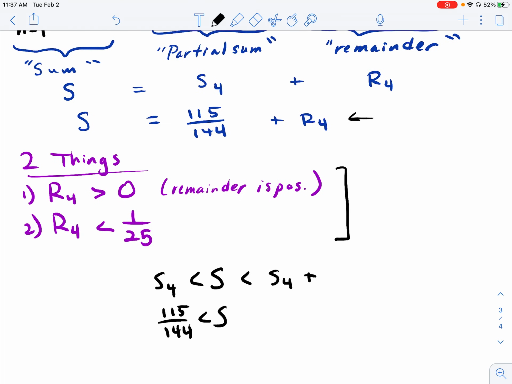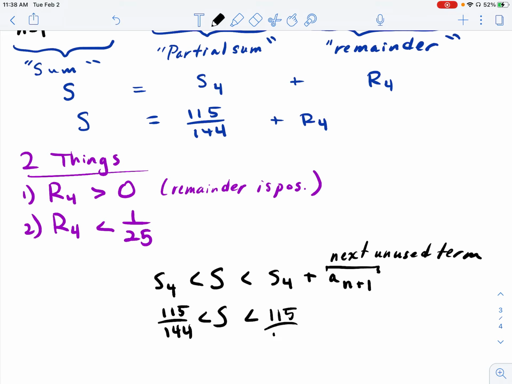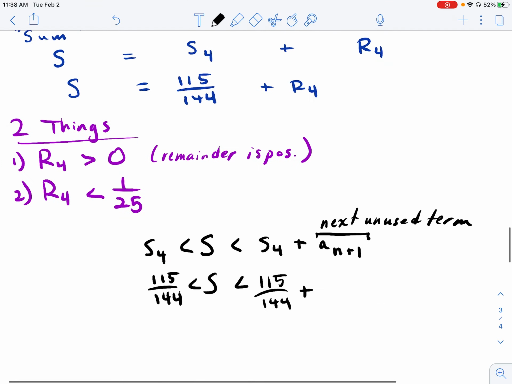It's less than my partial sum plus a sub n plus 1, right? And so this is just me describing the next unused term. So in this case, I would say it's less than 115 over 144 plus, what was my next unused term? That was 1 over 25.